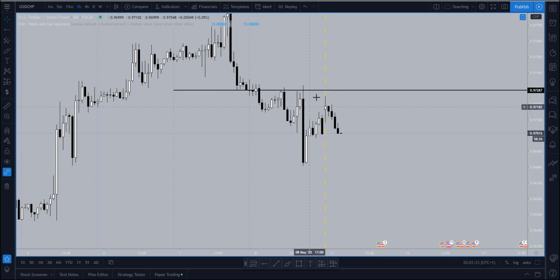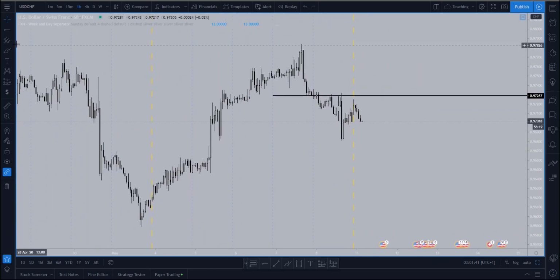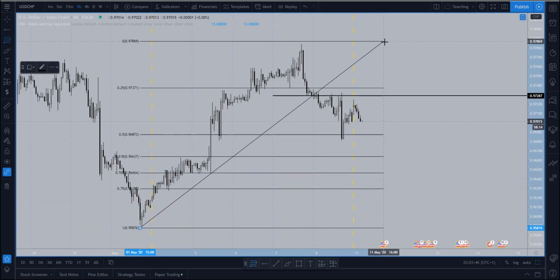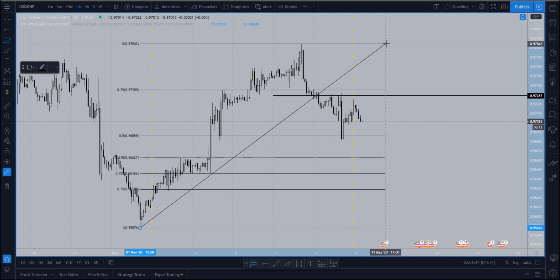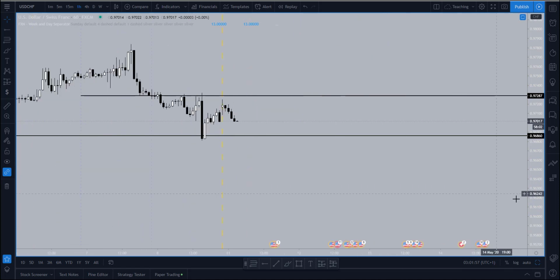We did get a nice one here, which I'm going to drop the Fibonacci on to see our target, because once we get the close, then you start measuring where price should drop to. So the strategy is that price should drop to 50%. So that's the level we're looking at.